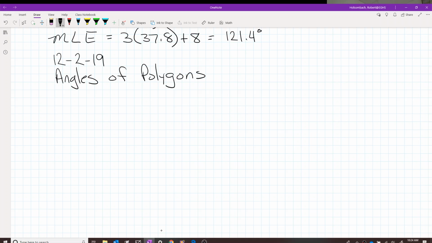Alright, angles of polygons, page 393. And write this down, please.